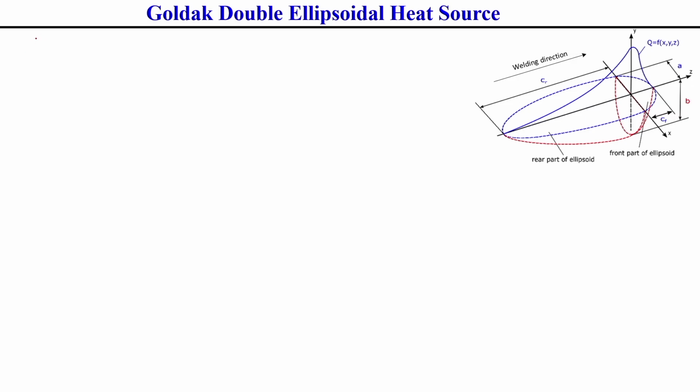So, here the Gaussian distribution of the power density in an ellipsoid you can write.